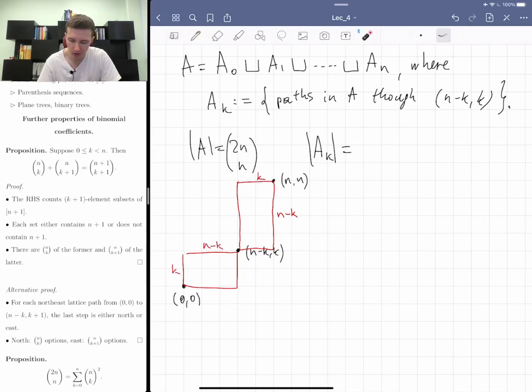Because of the symmetry of these binomial coefficients that we proved, they have the same size. So the size of A sub k is n choose k squared. I guess that's the end of the proof.